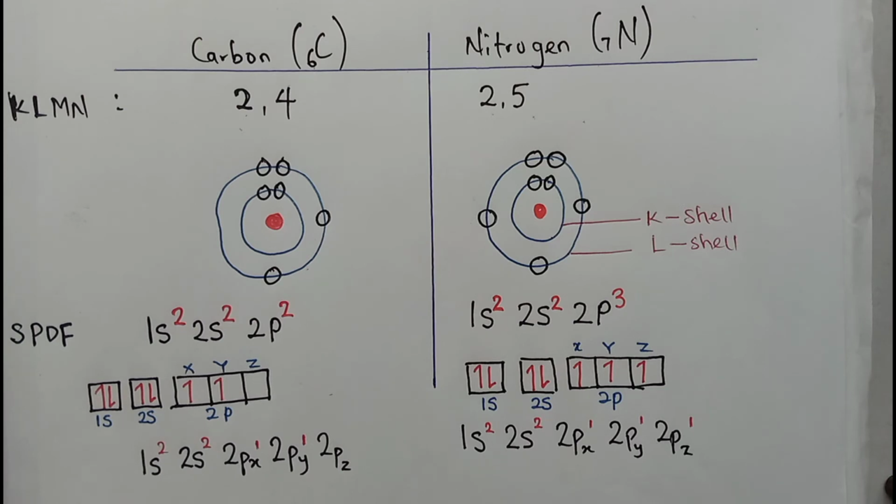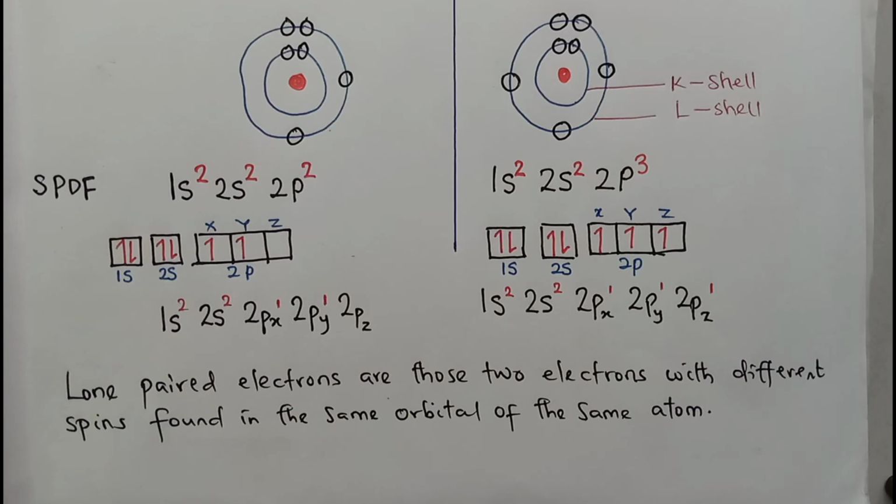Lone pairs are those 2 electrons with 2 different spin, as you can see here, in the same orbital of the same atom. And mostly people define it as that non-bonding pair of electrons. Yes, but let me tell you, sometimes it can be used in bonding, something in the nature of coordinate bonding or even in metallic bonding.